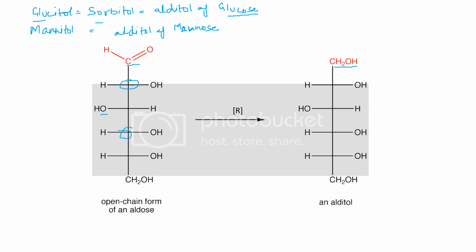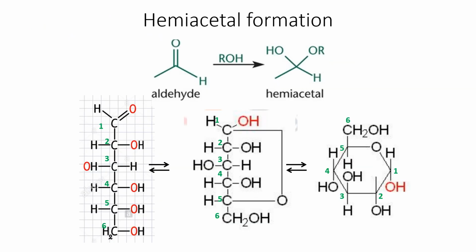Okay, and glucitol is an alditol of glucose, mannitol will be an alditol of mannose, so instead of the aldehyde group, you will write an alcohol group. So I hope it all will help in learning the structures of these monosaccharides.